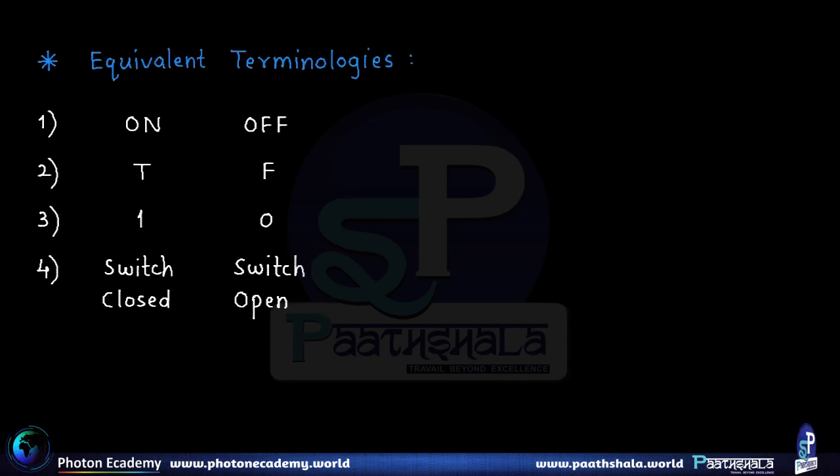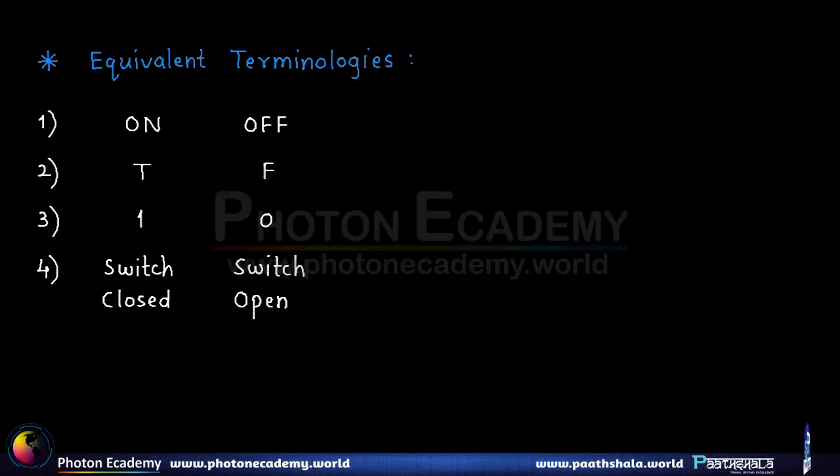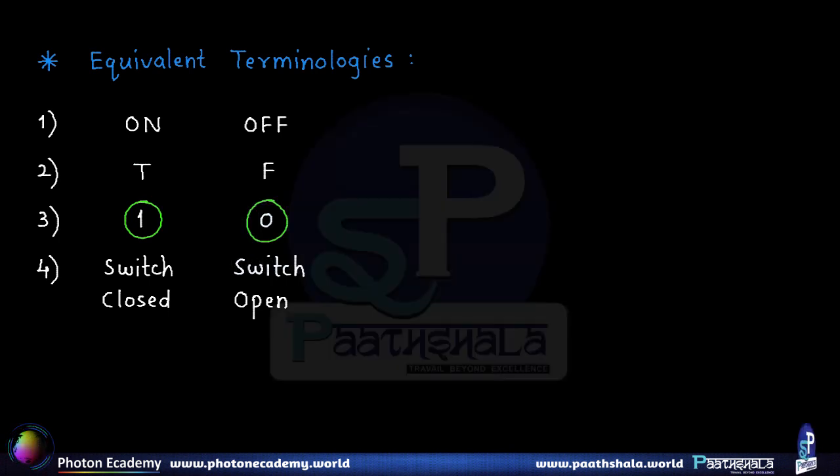Now moving on, we have different terminologies that we use often in different contexts. So we say that it is either on or off, isn't it? That corresponds to the states true or false respectively. Or in terms of binary logic, that means either value 1 or value 0 respectively.